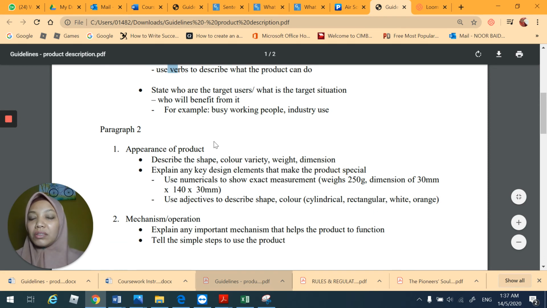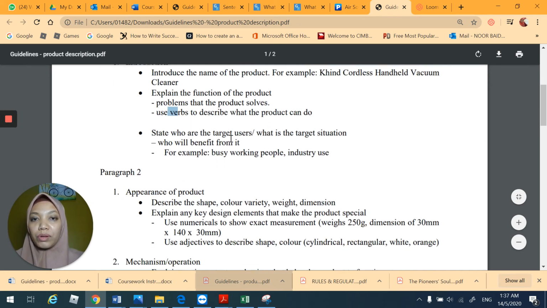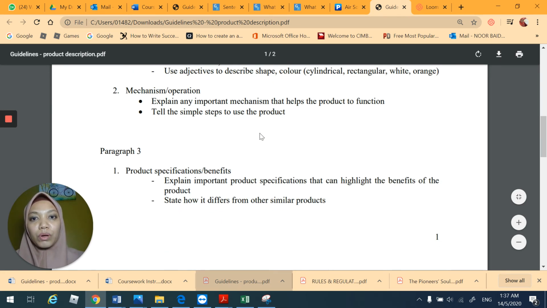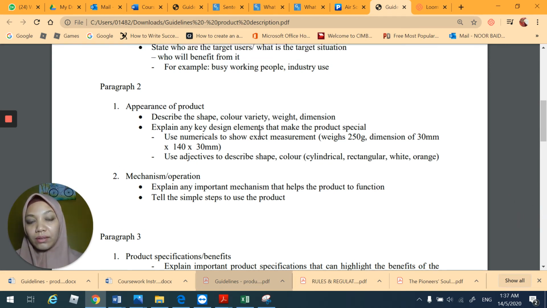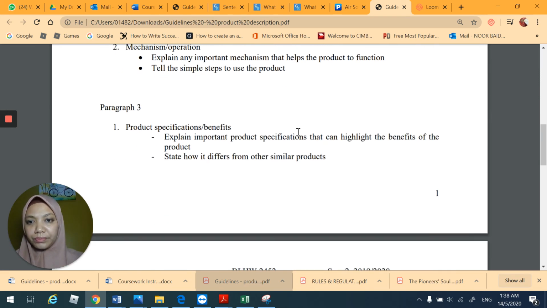So you have all these 3 paragraphs, you have all these components. It should be no problem for you to score on the content component. Because when your assignment is marked, I don't only look at the language part, but there are a few items that I'm looking at: contents, your language, and the organization, whether your ideas are organized or not.